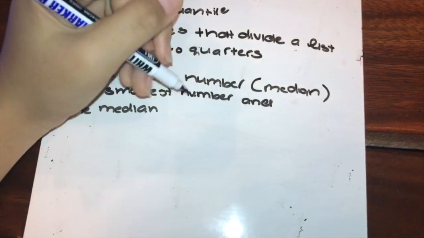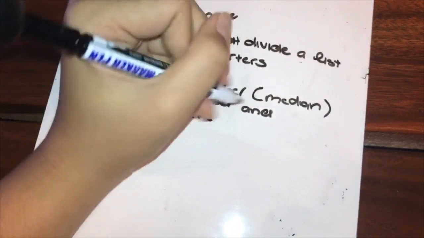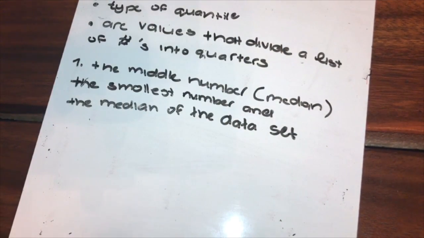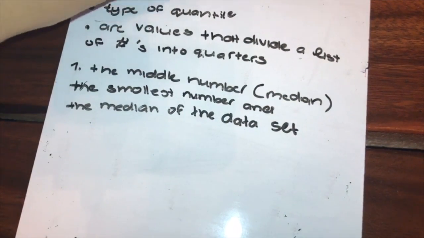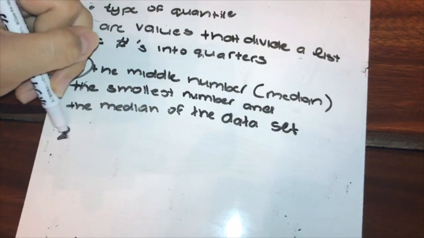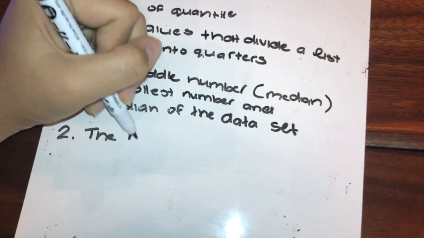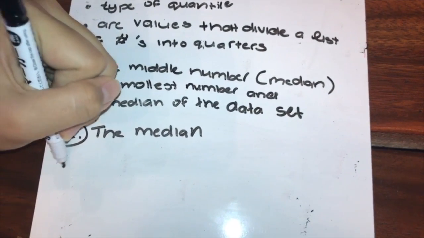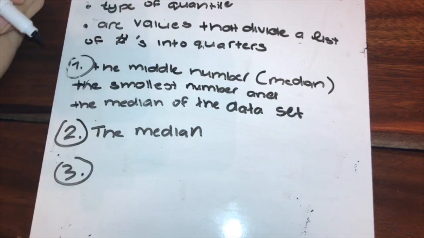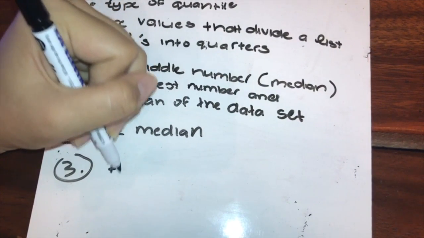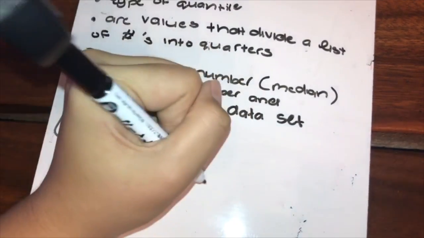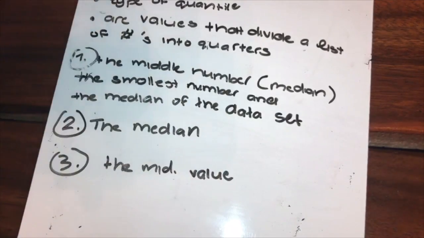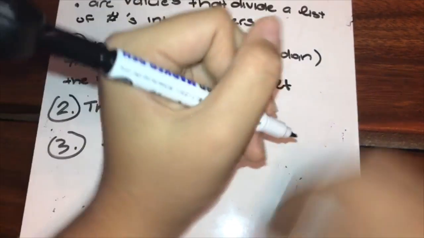Another word for the middle number is median. So, okay, this is the first quartile. The second quartile is the median of the whole data set. That's fairly simple. The third quartile is the middle value between the median and the highest value of the data set.